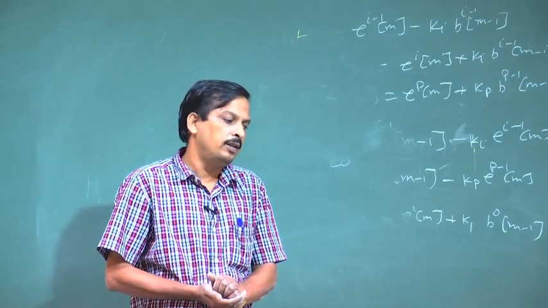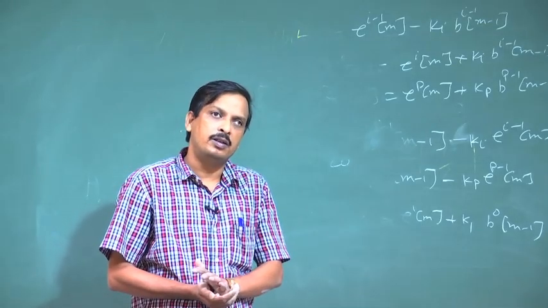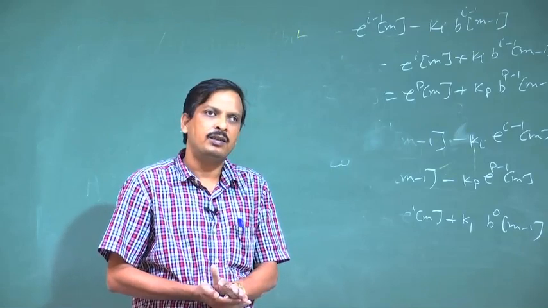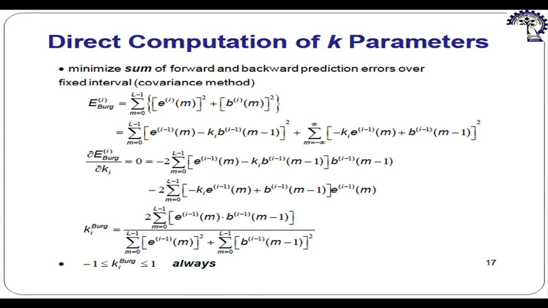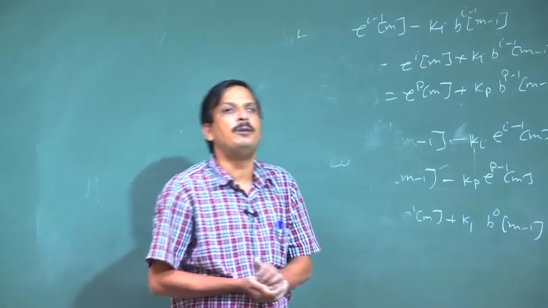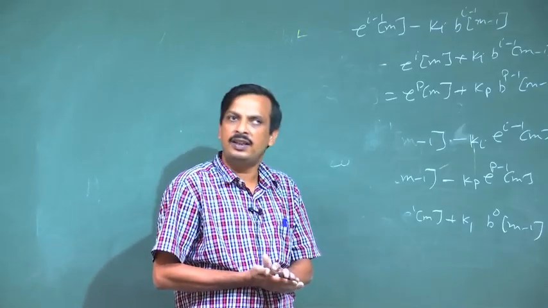If you know K_i, you can implement A(z), or if we know e_{i-1}(m) and e_i(m), based on the previous error I can find the present K_i. Using this equation you can implement A(z) or 1 by A(z).